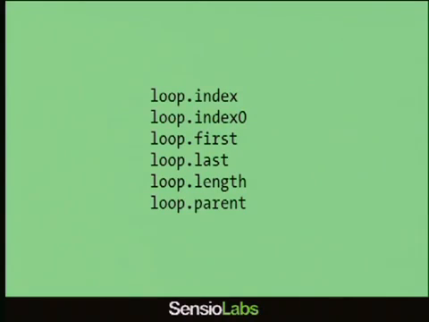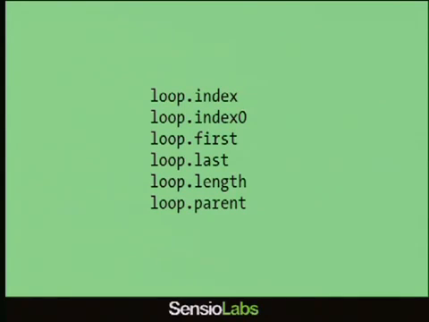Interesting. When you are within a for loop, you have access to a special variable, which is only available when you are in the for loop. The variable is called loop, and it is automatically created by TWIG, and it gives you access to a lot of interesting information about the loop.